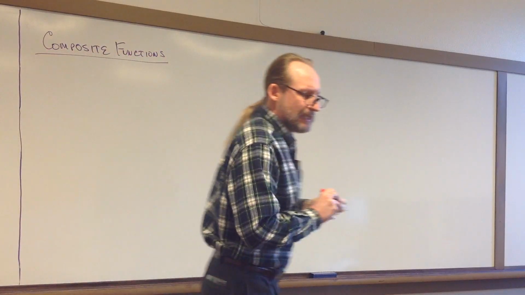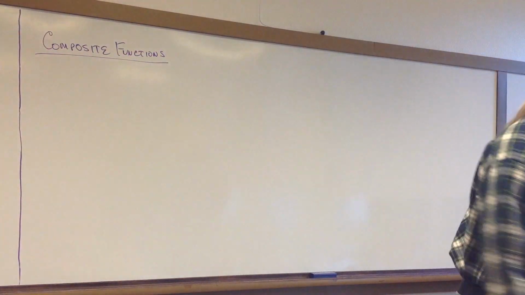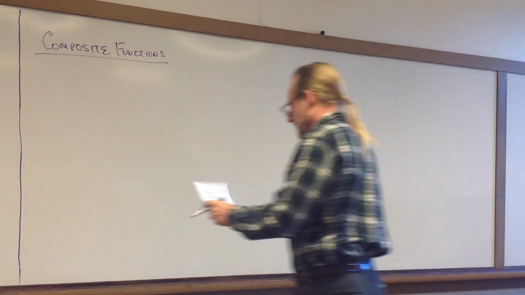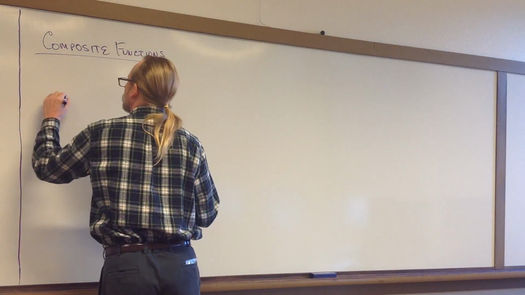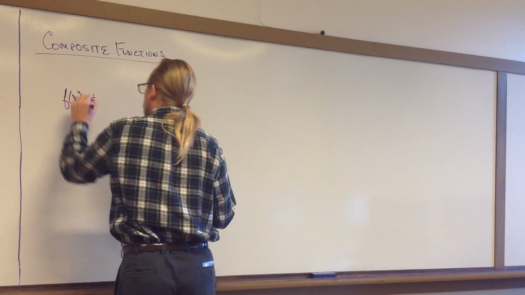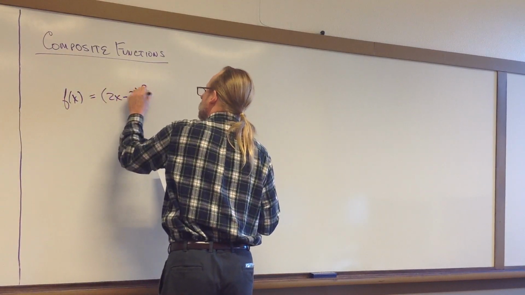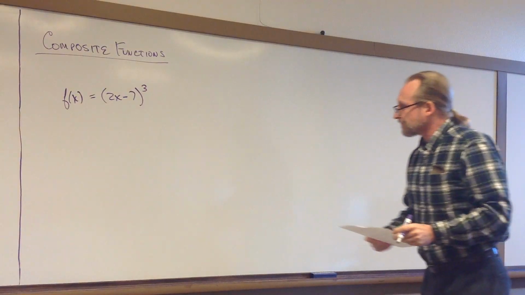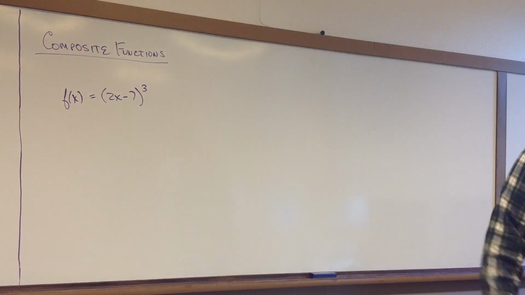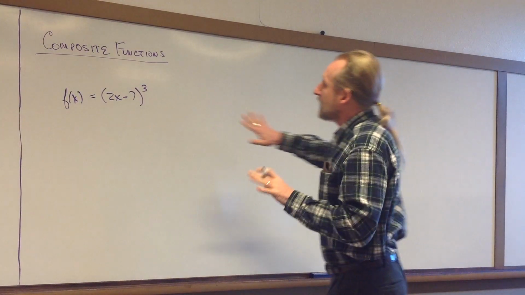So the example I give in the textbook here on page 42 is, let's say that we've got a function f of x equals (2x minus 7) to the third power. So one way of thinking about this is as a composite function.